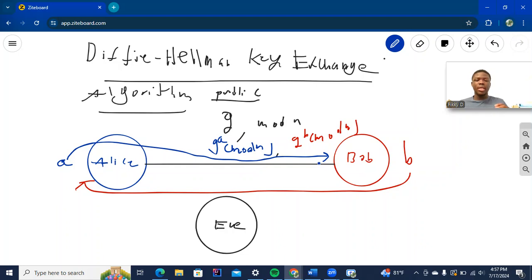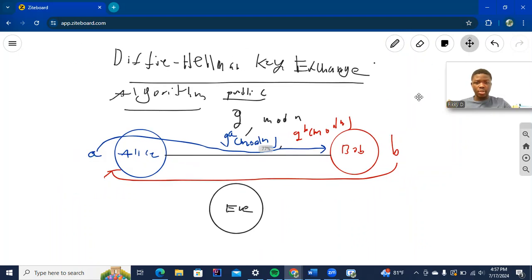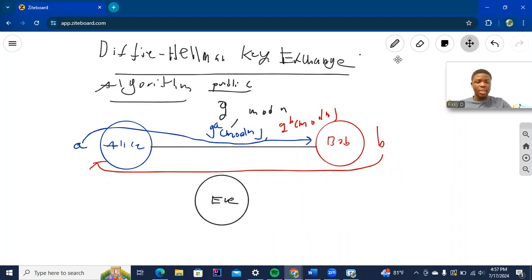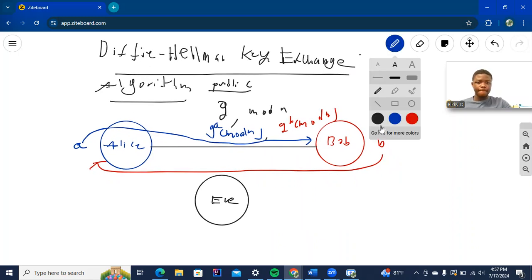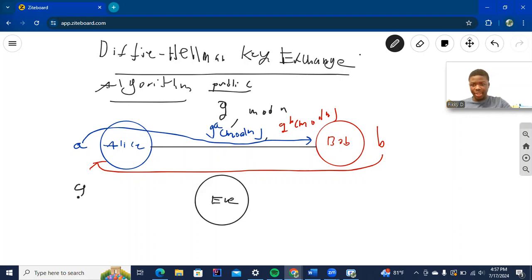And with the A and B, what they can do now is calculate this shared secret key, and it's going to be G to the AB. So this is private information.